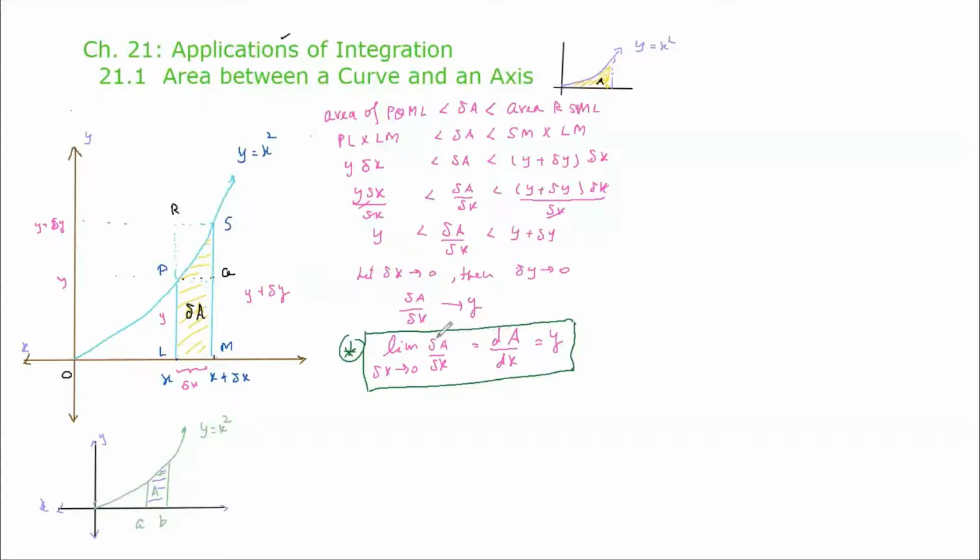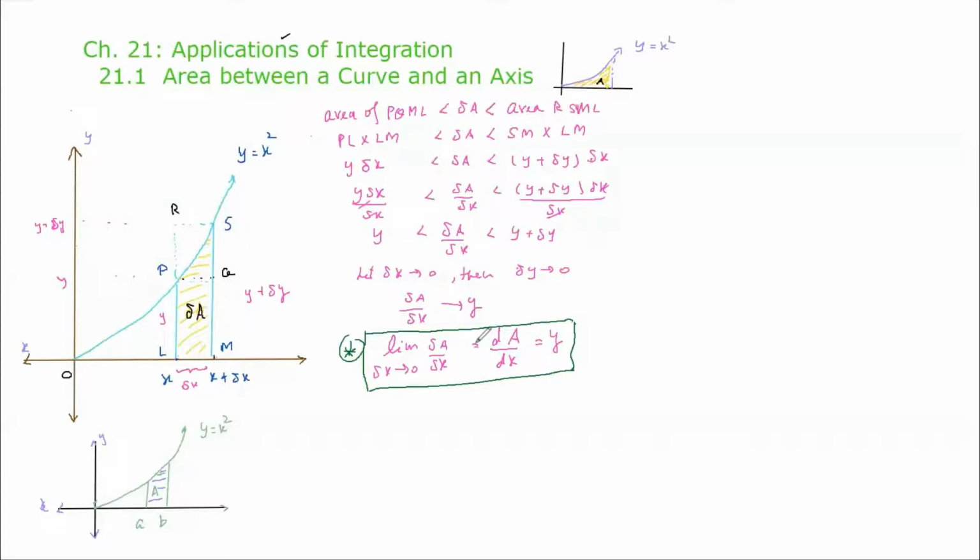So for any delta of an object over delta x, like right now delta A over delta x, when you take the limit, it equals the derivative dA over dx equal to y. If you talk function, y is a function. If you talk area, then you differentiate area over x. Always with respect to time. Remember in chapter 16.